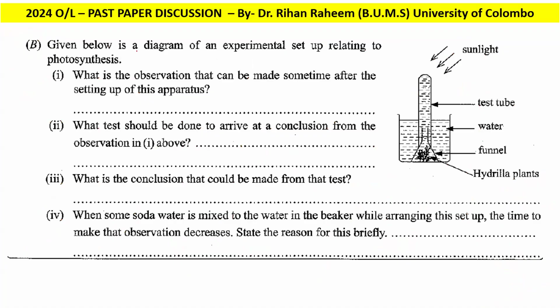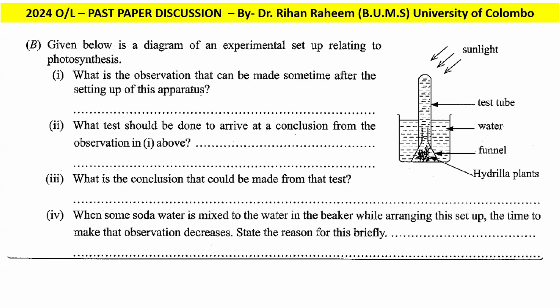B part, given below is a diagram of an experiment setup relating to photosynthesis. This is the test done to identify oxygen, which is produced by photosynthesis, no? We use aquatic plant, Hydrilla vallisneria. What is the observation that can be made?